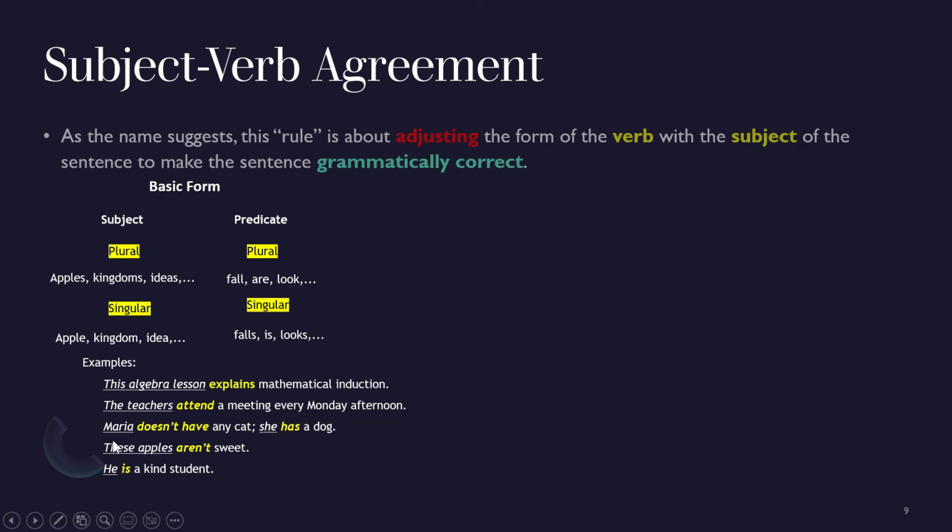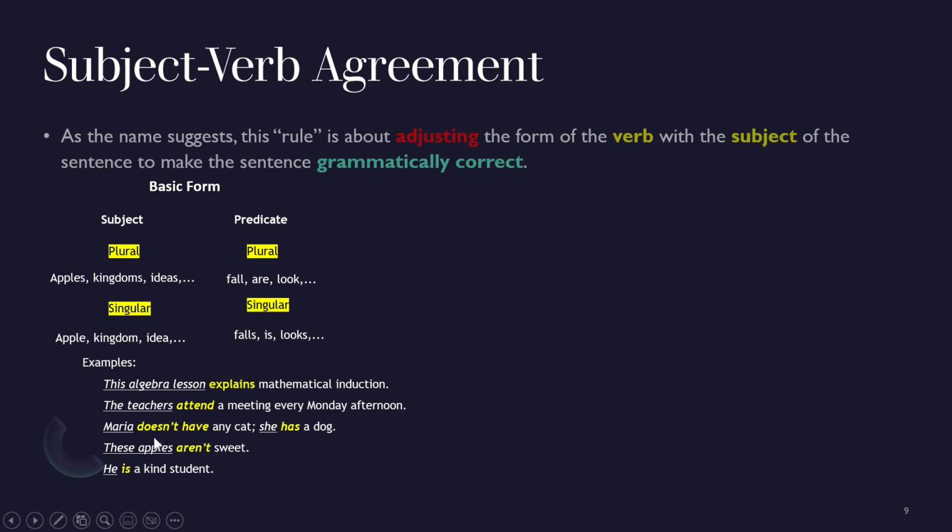Maria doesn't have any cat. Here, Maria is a third singular person, and the third singular person is considered singular. So the correct auxiliary is does, using does because it's in the negative mood.